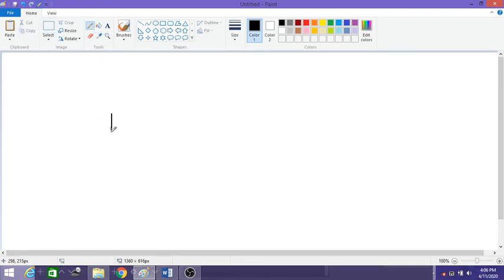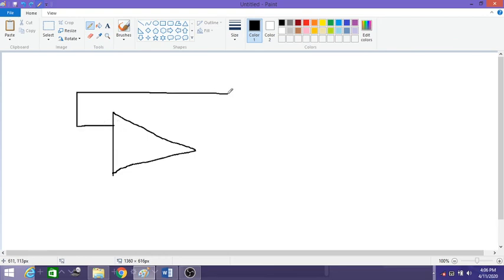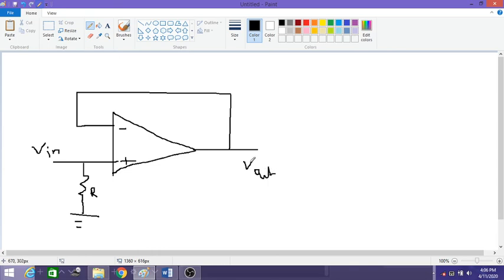So let us draw this. Sorry, let me clear this and draw the op-amp. The inverting terminal is connected to the output, and the non-inverting terminal is connected to ground through a resistance R. This is the non-inverting terminal, this is the inverting terminal, and this is my Vout. Now let me draw the graph.